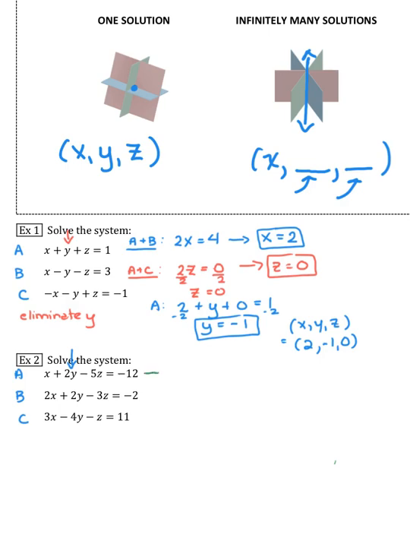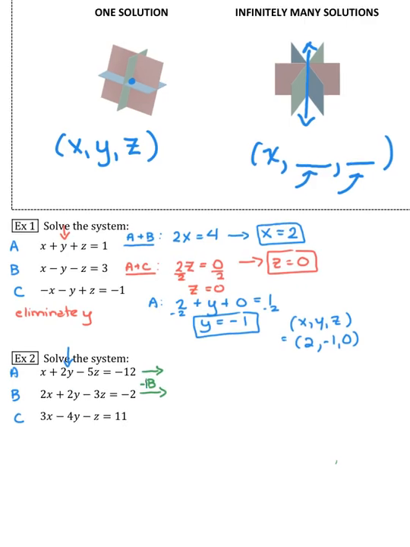I'm going to show how we're going to proceed. We're going to start with A, and I'm not going to do anything to A, but I am going to multiply everything in B by a negative 1, so that the 2y will cancel with the other 2y. A I just rewrite as is, because we're not doing anything to it. So this equals a negative 12.